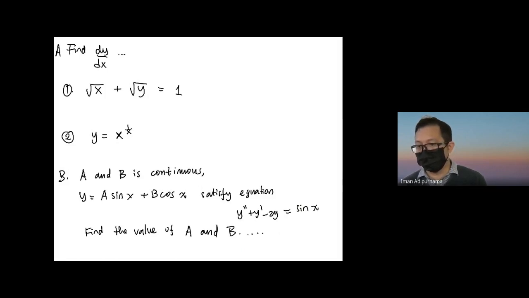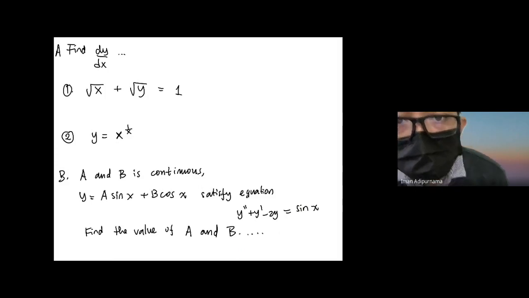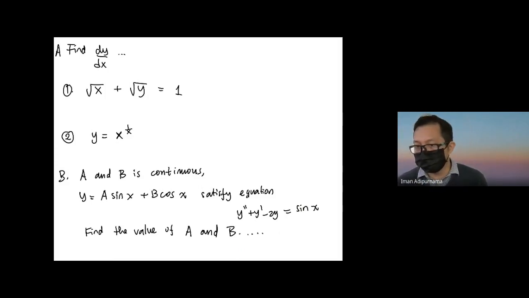And the second part B, another whole question. This means A and B are constants and y is a continuous function.